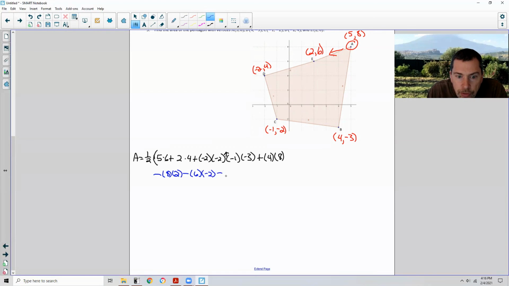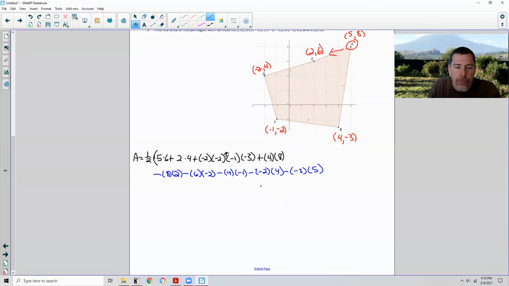The y there is 4. The next x is -1. Minus that y is -2. The next x is 4. Minus, so I did now the -3 times the x from the beginning, 5. So I should have 5 groups of multiplication, and we're now going to simplify.